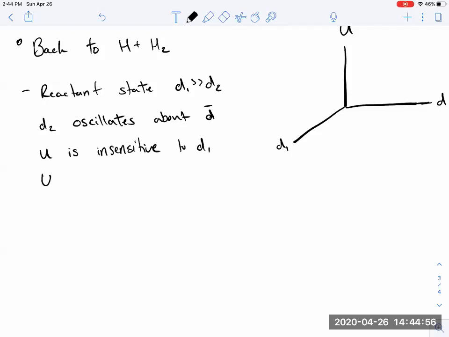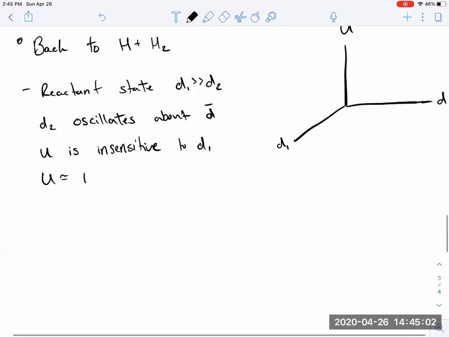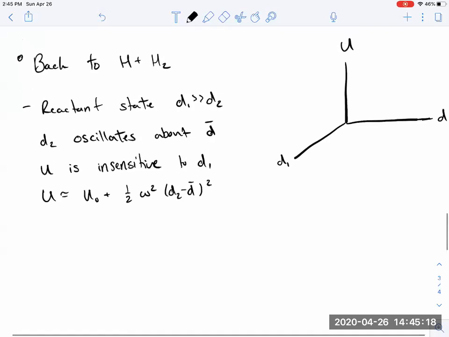So a reasonable form for the potential in this limit would be some number plus a description of d2 harmonically oscillating around that equilibrium bond length. If we were going to draw that, let's say this is our value of that equilibrium bond length.